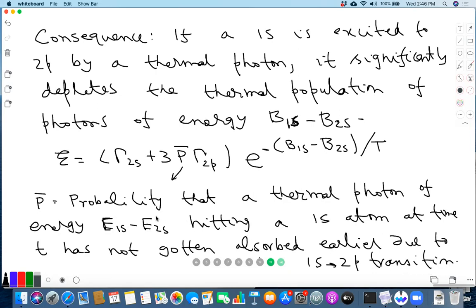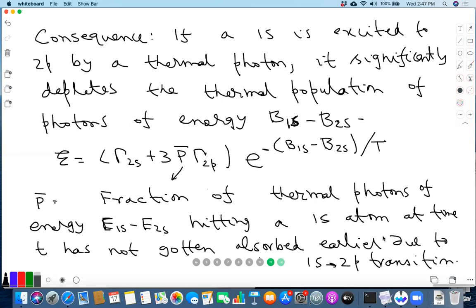Okay, maybe I should not have said probability. This is the fraction of thermal photons of this energy that have not gotten absorbed earlier.